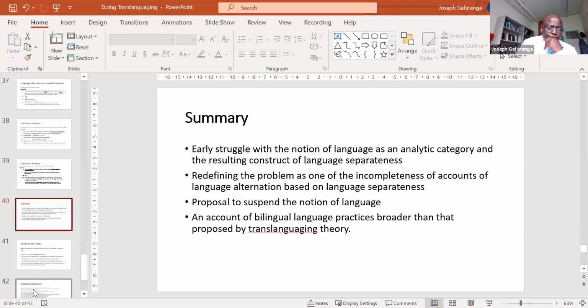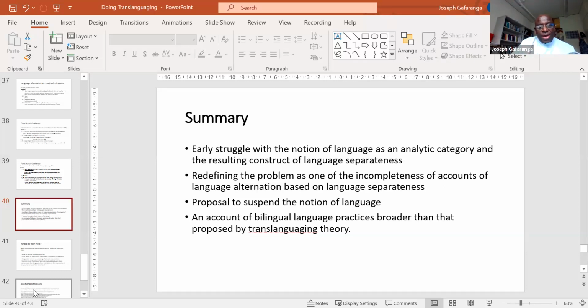So to summarize then, I started with an early struggle with the notion of language and the resulting construct of language separateness. I was very unhappy with it. I ended up redefining the problem as that of the incompleteness of accounts which are based on language separateness. This led me into proposing to suspend the notion of language, not to reject it, but to suspend it.